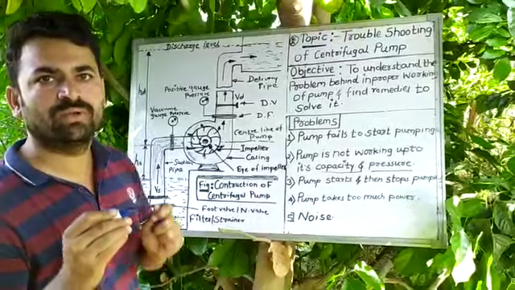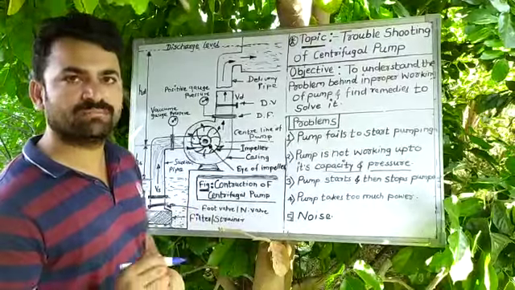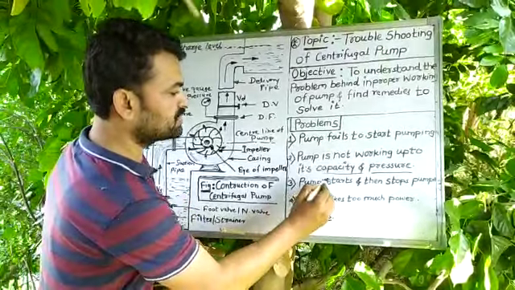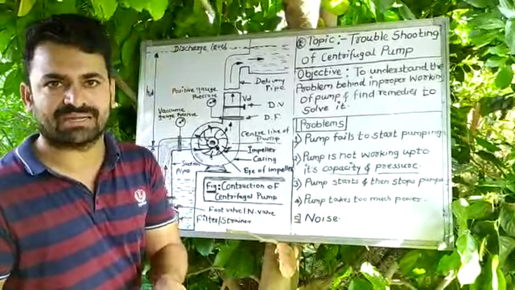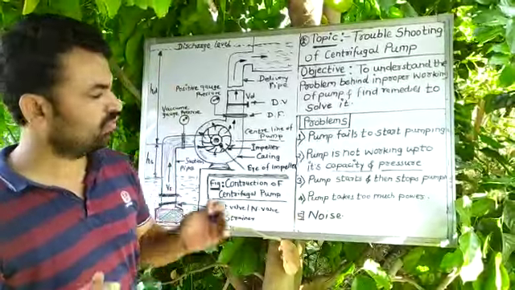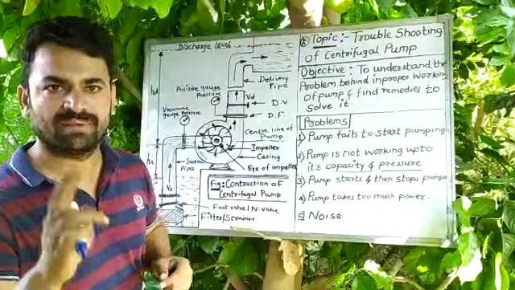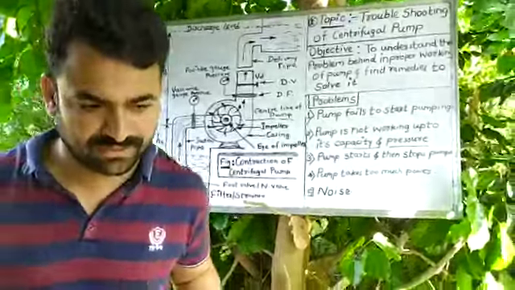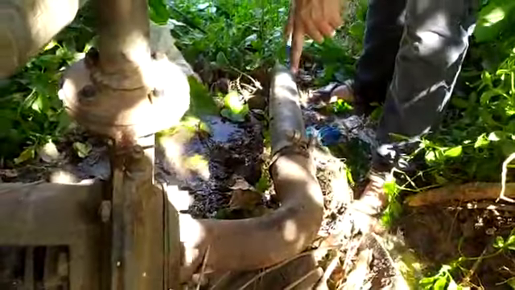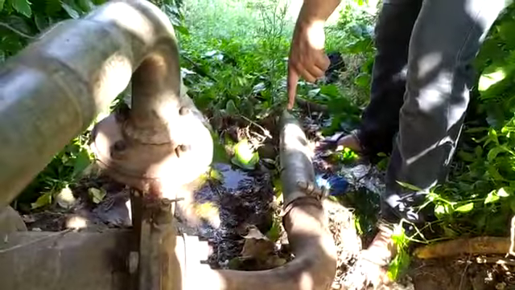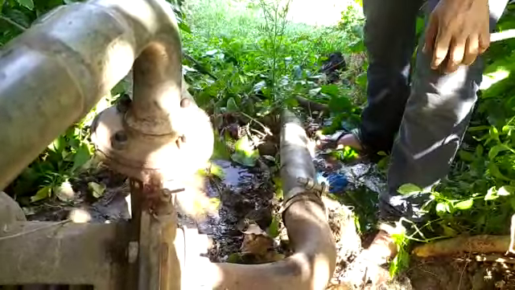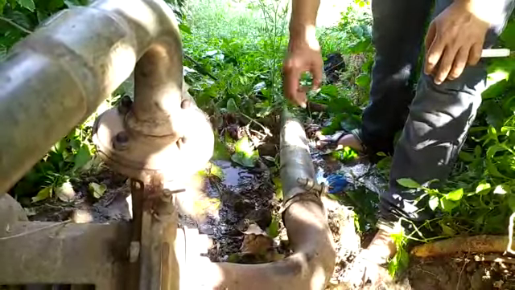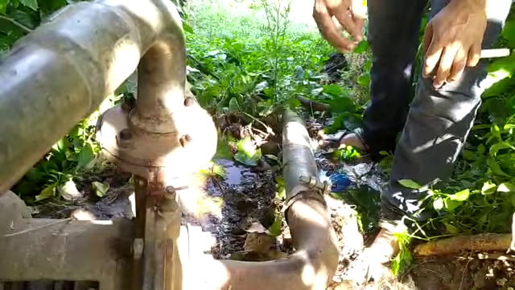Okay, now we are moving towards the third important problem, that is, the pump starts and then stops pumping. It means initially the pump starts and then it stops pumping. For this particular problem there may be 2 to 3 reasons. The first important reason is the suction line: if there are any air pockets inside the suction pipe, it may lead to stopping of the pump.